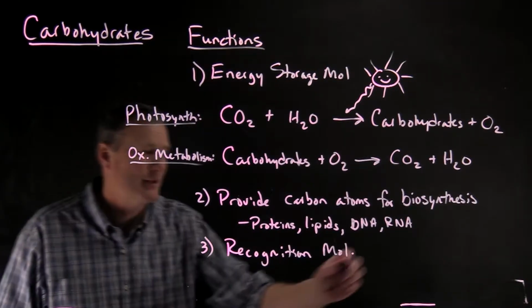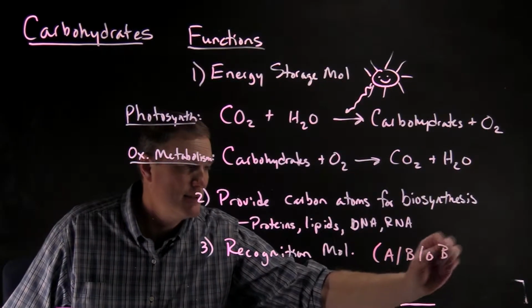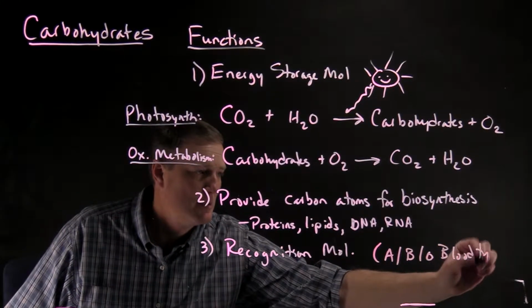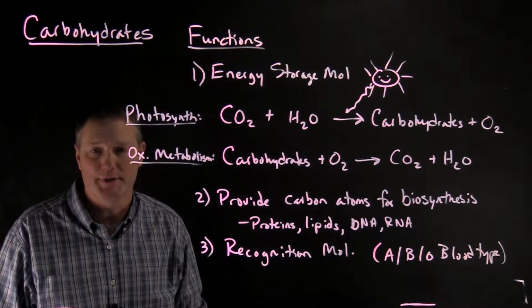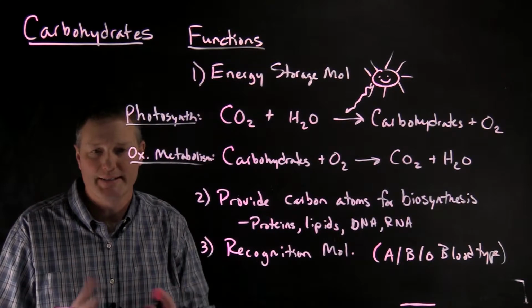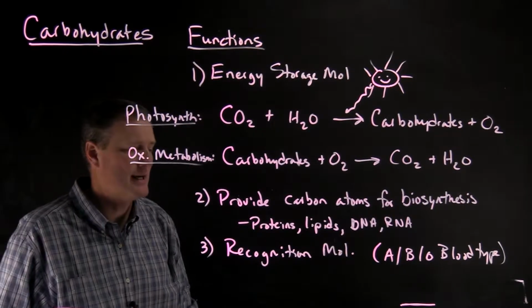So the best example of this is the ABO blood type. And this ABO blood type is defined by the specific carbohydrates that are coating our red blood cells. So that covers the functions of carbohydrates.